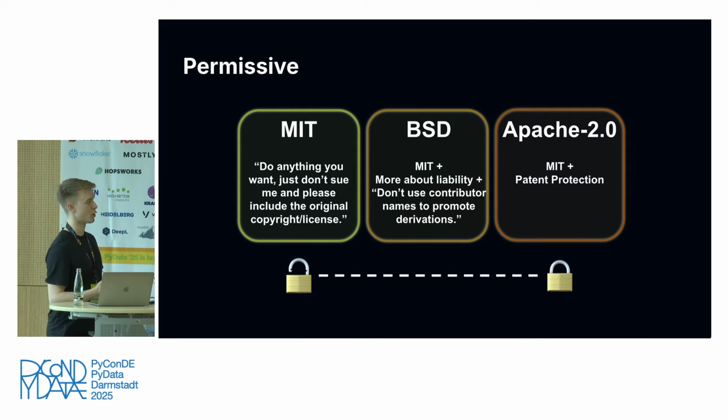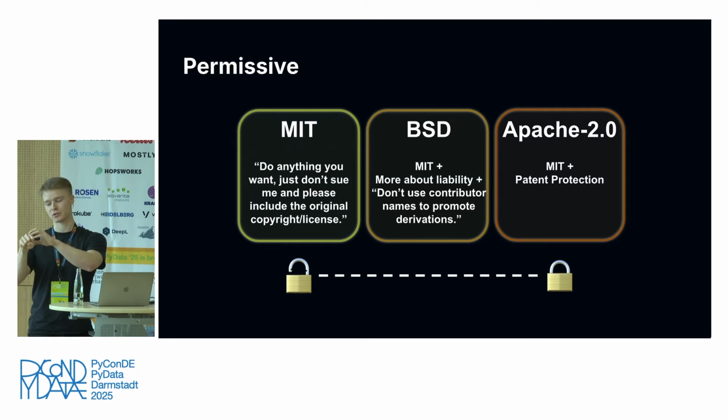And then Apache 2.0 does a thing which is a little counterintuitive if you're not a lawyer, but I'll try my best to explain it. You have software which is Apache 2.0 licensed, and if some contributor comes in and contributes software to that project, then the software which the contributor has contributed is automatically granted, or the original project gets granted access, to the software which the contributor provided.